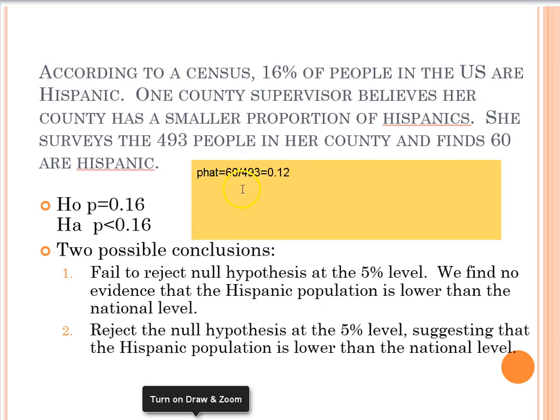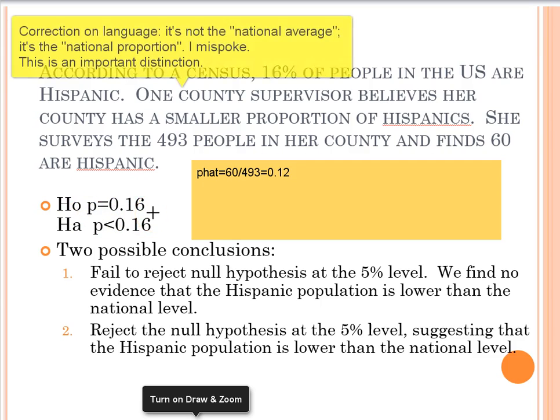Now you can see that our sample percentage is lower than the hypothesized value, or it is lower than the national average. However, samples vary. So maybe she just happened to get a sample that's smaller, and if she were to resample, she would get a value that's higher. So we want to test to see if this is statistically different than 16%.